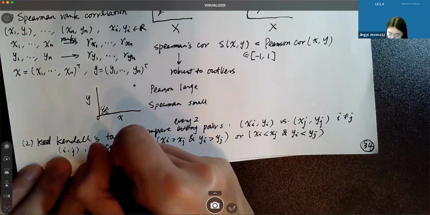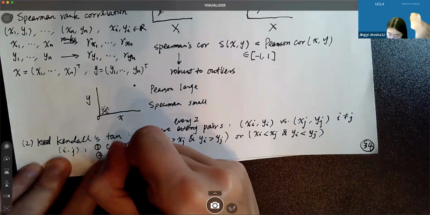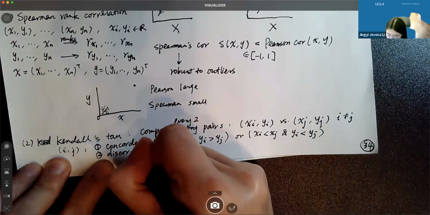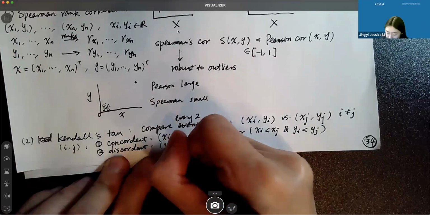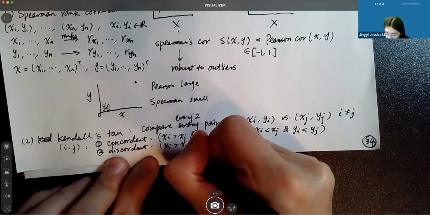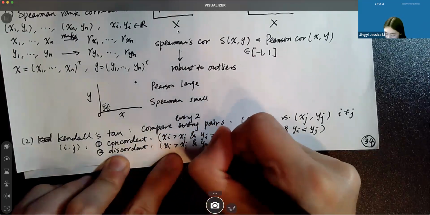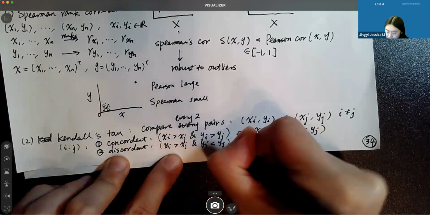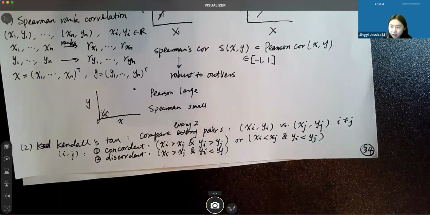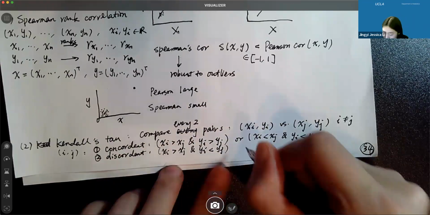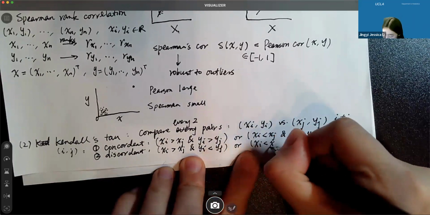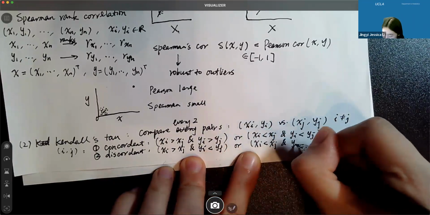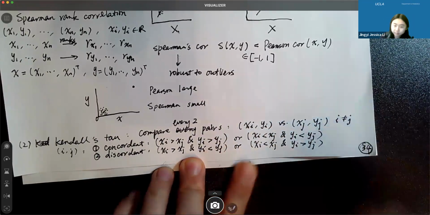And for discordant, it's xi greater than xj and yi less than yj. So you see the directions of x and y are reversed. Or the other way, xi less than xj and yi greater than yj.